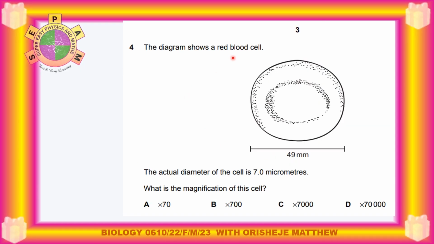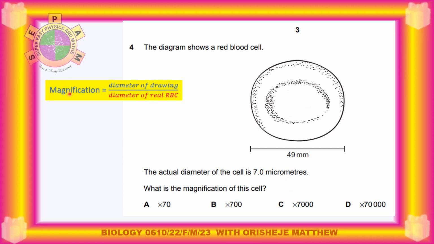The diagram shows a red blood cell, RBC. The actual diameter is 7 micrometer. But in this diagram, it is drawn with a length of 49 millimeter. So this drawing is an enlargement of the actual. So what is the magnification of this cell based on this diagram?